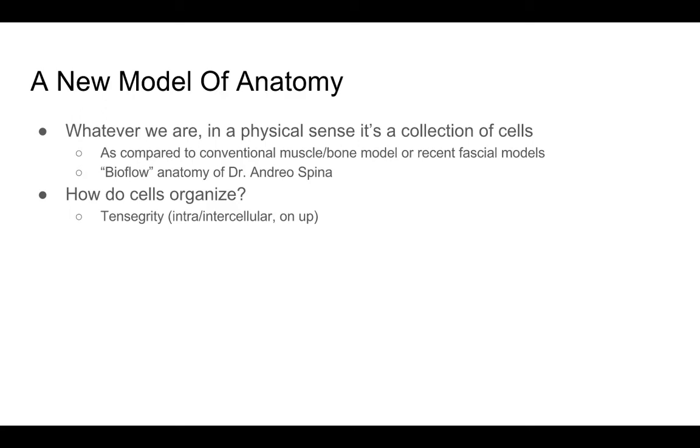Intercellular as well, there is a balance of tension and compression between cells, and on up in progressive layers of organization. We see that the bones and muscles act in this way as well. The bones are compressive elements, counterbalanced by tensile elements of the muscles, the ligaments, the tendons, our connective tissues.